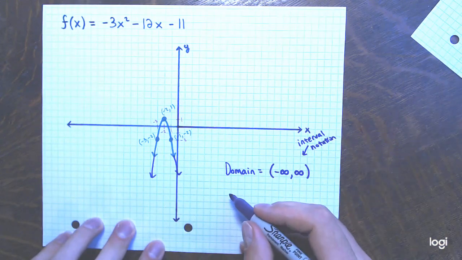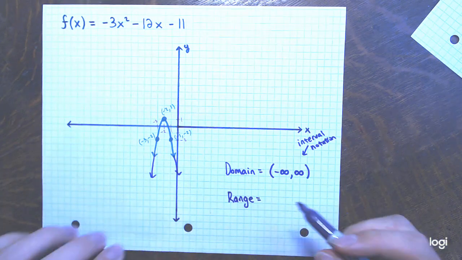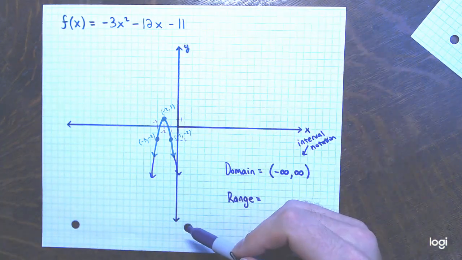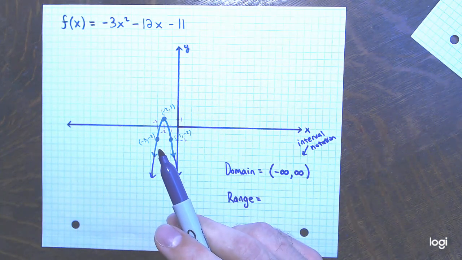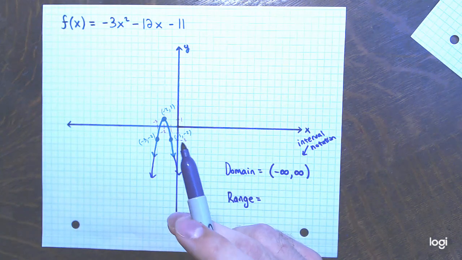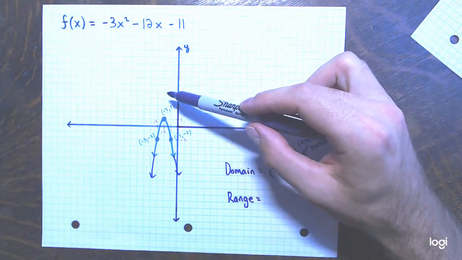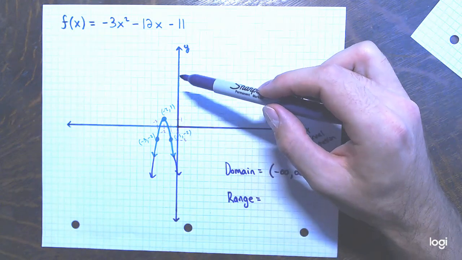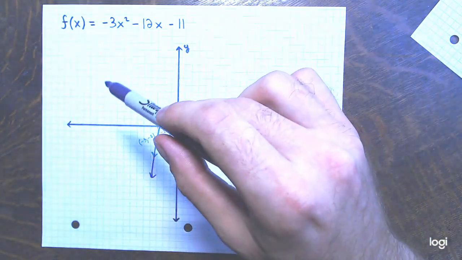Okay. Now the range. Range, we're looking at the y-axis, right? We're looking from the bottom up, low to high. What y coordinates are used on points on this graph? Well, can you see that above 1, there's nothing, right? Above y equals 1, there's no points of the graph up here above 1.